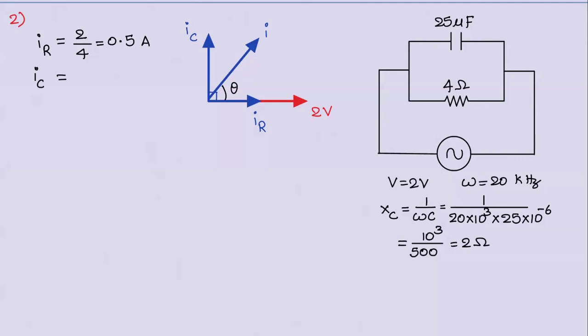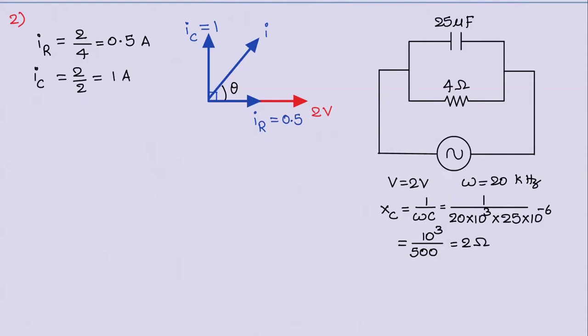IC is equal to V by XC. V is how much? 2 by 2, 1 ampere. Now we got the data. IC is equal to 1. IR is equal to 0.5 or 1 by 2.